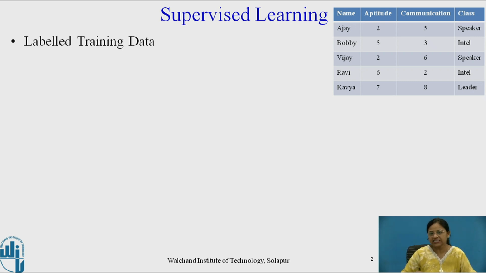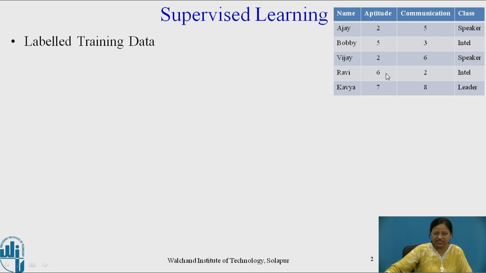As we can see in this data set, the student with higher aptitude marks and higher communication marks can be identified as a leader, while the student with low aptitude marks but better communication skill can be identified as a speaker, while the student with better aptitude marks but less communication skill can be identified as an intel.